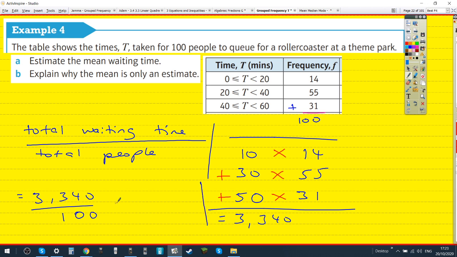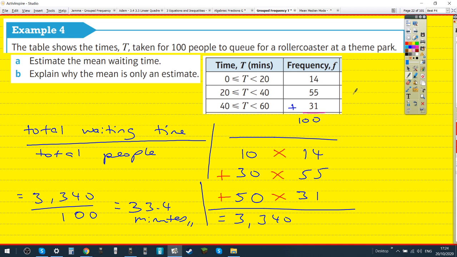And so what do you get there? 3,340 divided by 100. You get 33.4 minutes. And if we look at our table, an average of 33.4 minutes.